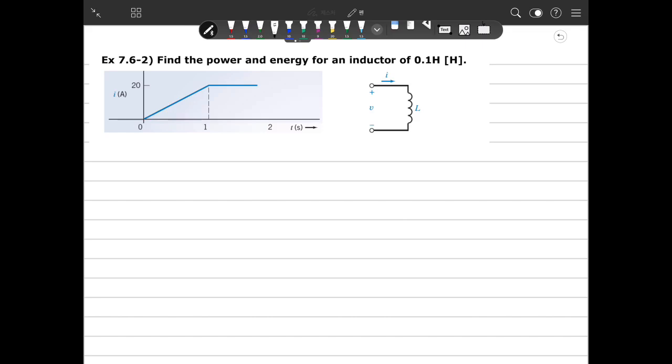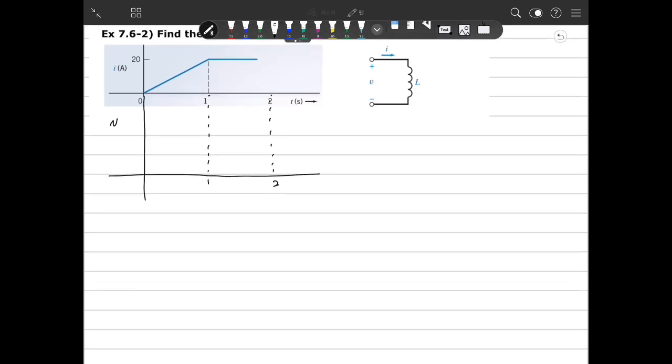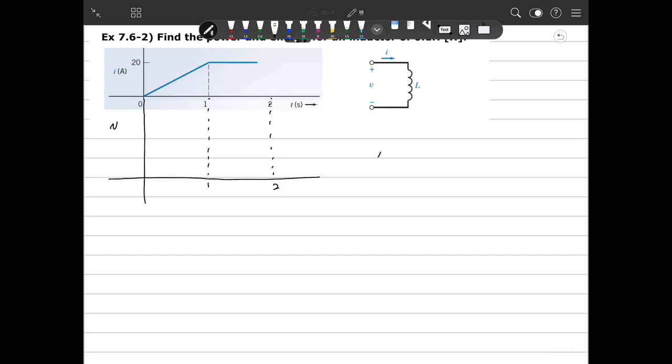So if we draw the voltage here, 1 second, 2 seconds, this is v. Because of the current here, the current is 0 when t is here, and the current is 20t for t from 0 to 1.